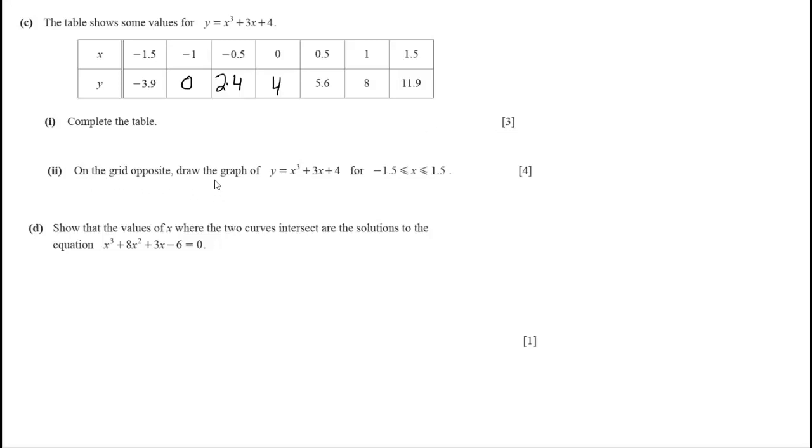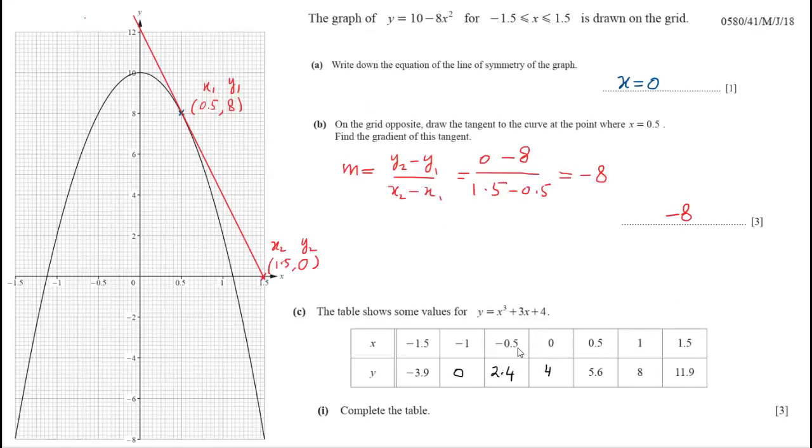On the grid, draw the graph of this, and the table is given here for x from minus 1.5 to plus 1.5. So let's draw this table on the same grid. Minus 1.5 and minus 3.9.